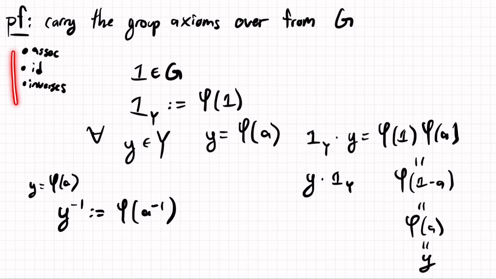If you aren't completely sure, this is an exercise for you: to finish this proof by going through the axioms and carrying over each one of them from the set G to the set Y. In particular, you should do the identity axiom and the inverses axiom first, because associativity is a lot of trouble.